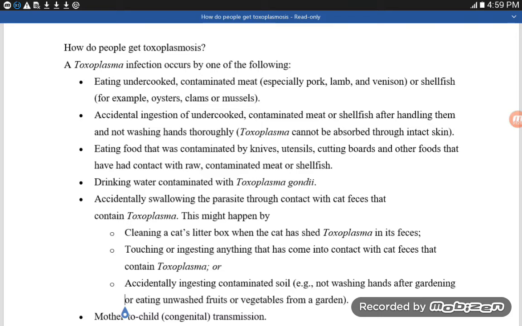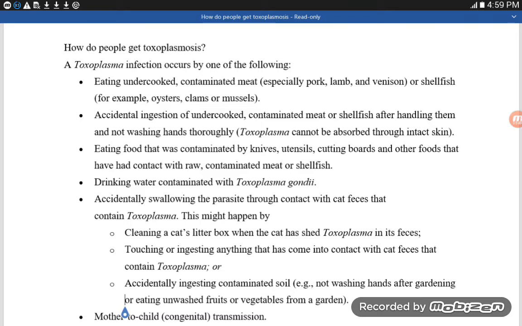If the cat is infected, the feces also contain the infective stage, especially oocysts. So when you are handling garden cleaning and other things, it can contaminate our hands, and when we use the contaminated hand, we can swallow the parasites.